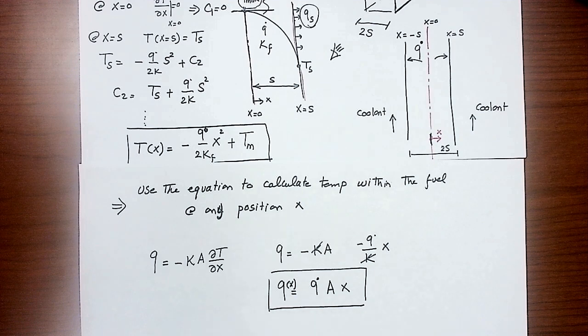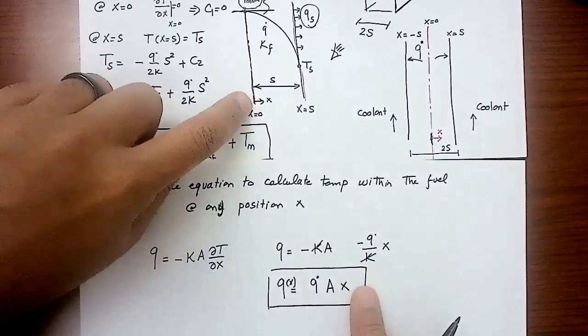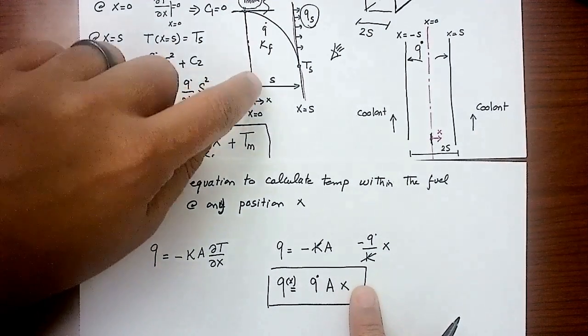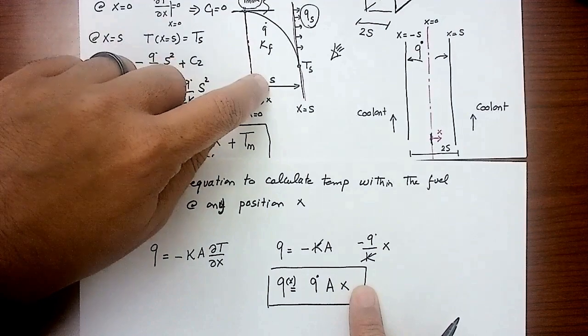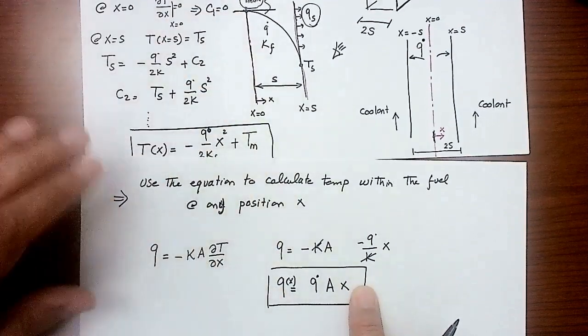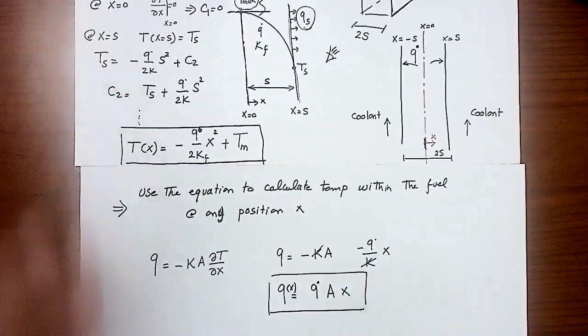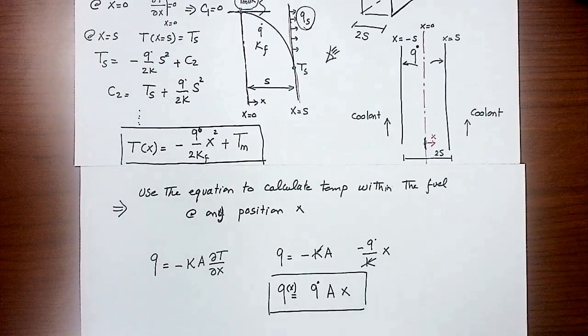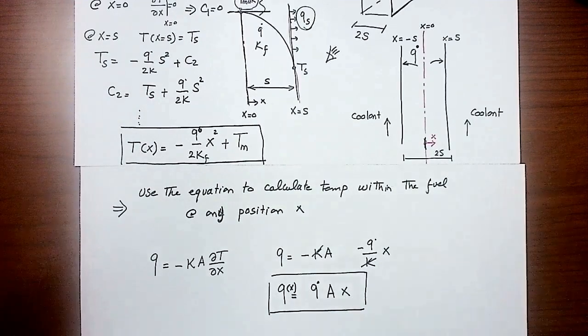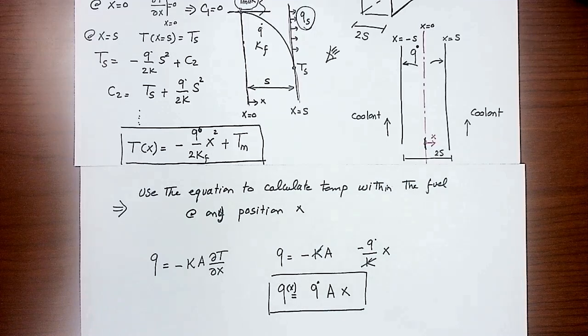Now, Q is a function of X. If X equals 0, Q is 0. If X equal 1 millimeter, I will get a different value of Q. Okay? That's why we couldn't use the thermal resistance technique that we covered so far to analyze the nuclear fuel. It's because Q is also a function of X.